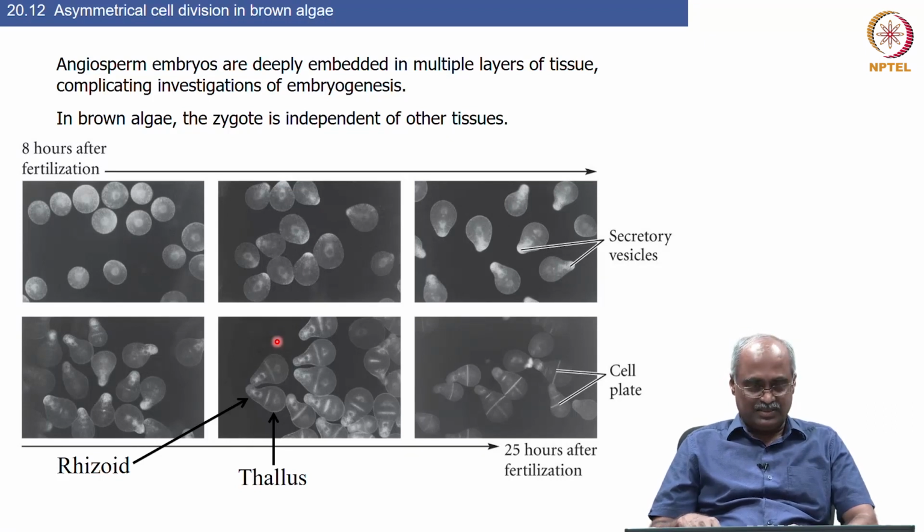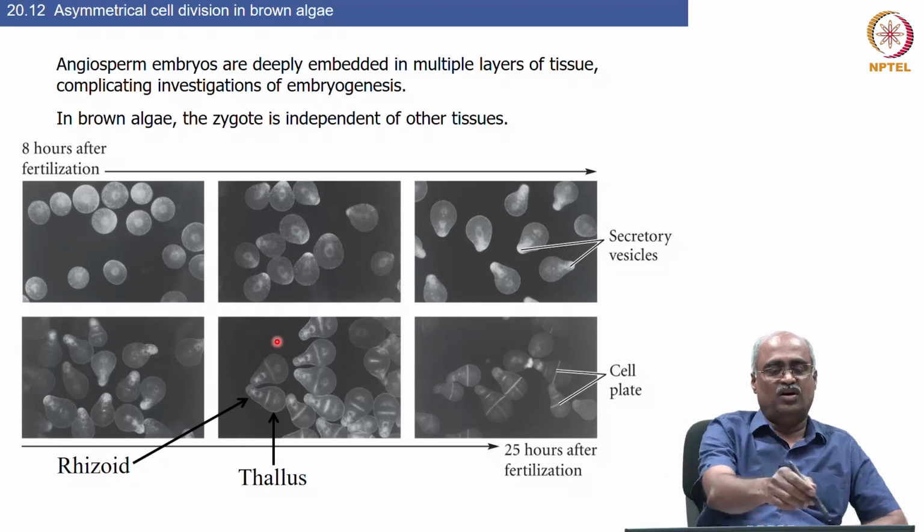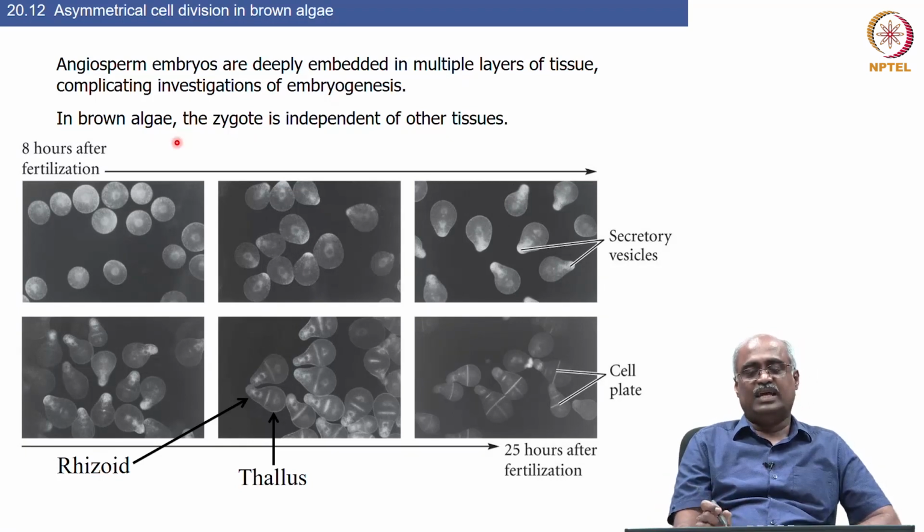So, sometimes what scientists do is they look at other plants, like primitive ones such as brown algae, where the zygote is independent of the other tissues. There is external fertilization and the zygote is not covered in layers of the mother's tissue.